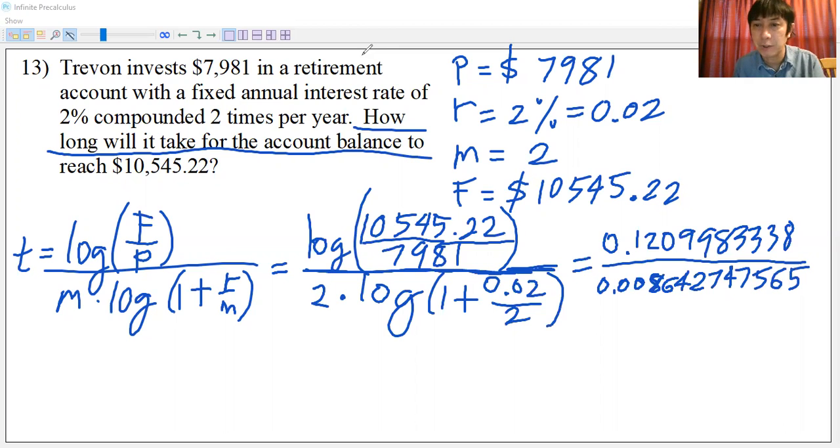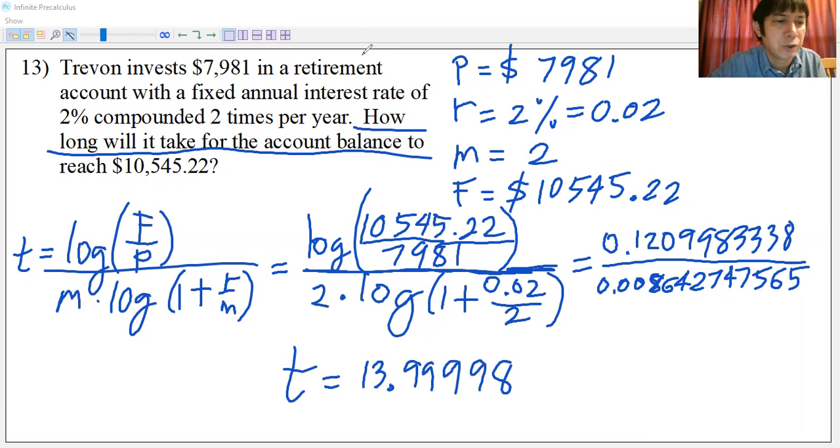So we're going to divide this and that's it. We shall have the T. That gives us our divisor. Let's divide. We have something like 13.99998472.